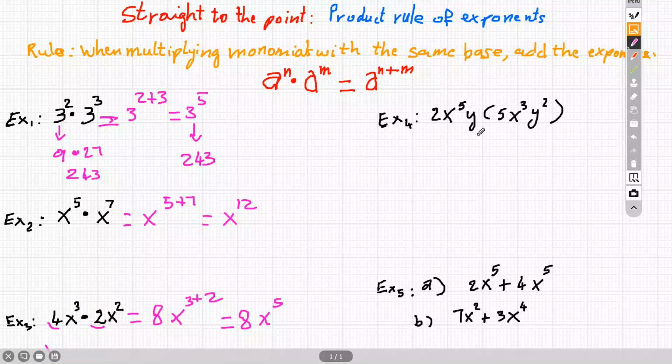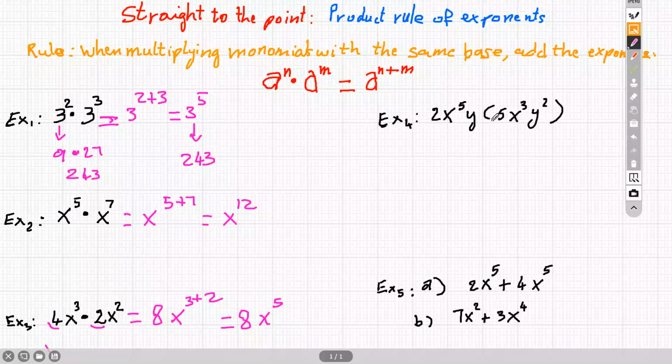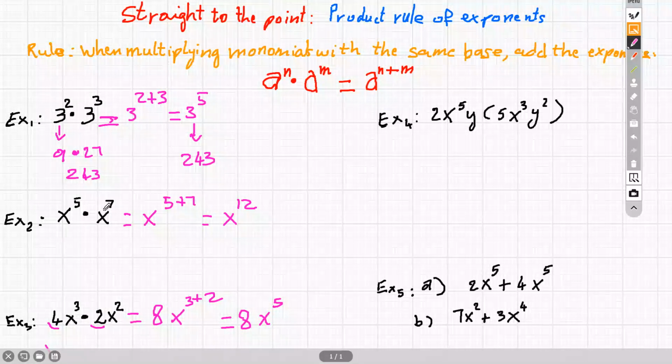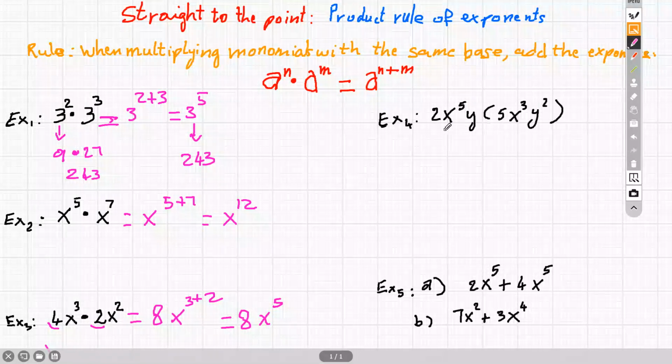Now let's go to example number 4. Notice that parentheses are also another symbol for multiplication, same as the dot, right? So this is 2x to the 5th power y times 5x cubed y squared.